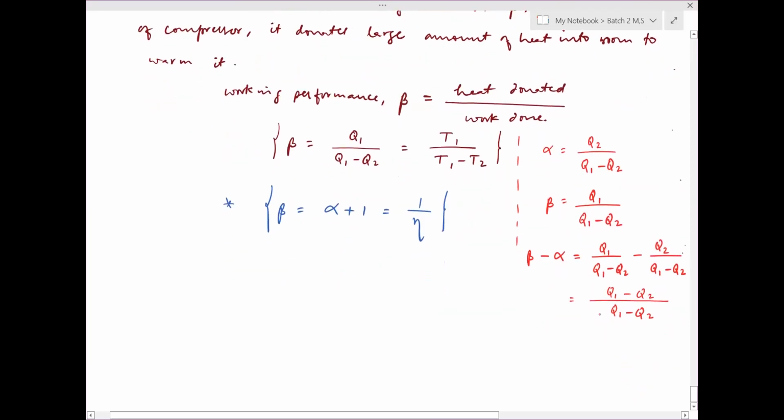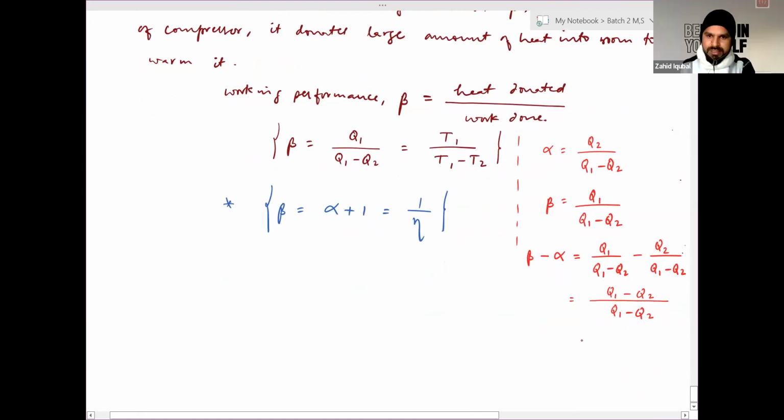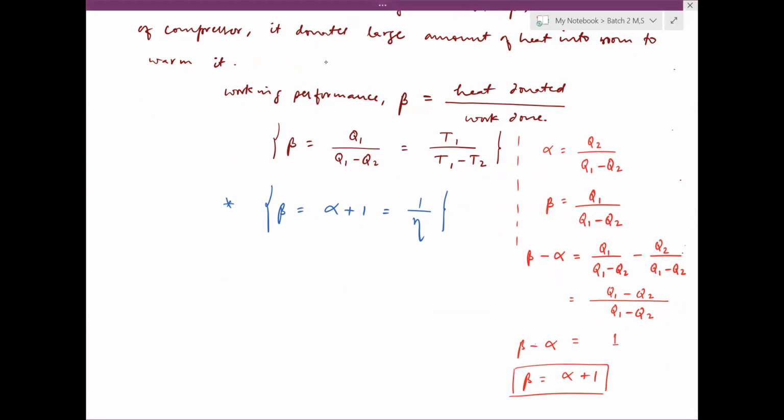Now we have the same quantity in both numerator and denominator, so on cancelling out we're left with just 1. Beta minus alpha equals 1. So move alpha to the right side, and beta equals alpha plus 1. Is it clear? Yes, sir, clear.